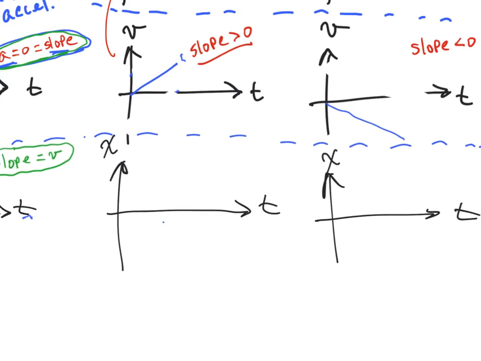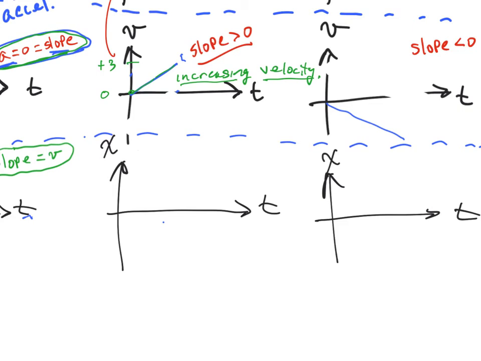If I take a look here, once again, what do I have? I've got a case where the velocity is increasing. This is increasing velocity. The velocity starts at 0 and goes to some positive value. We could make some number up. I could say this is positive 3. So in this case, the velocity is increasing.